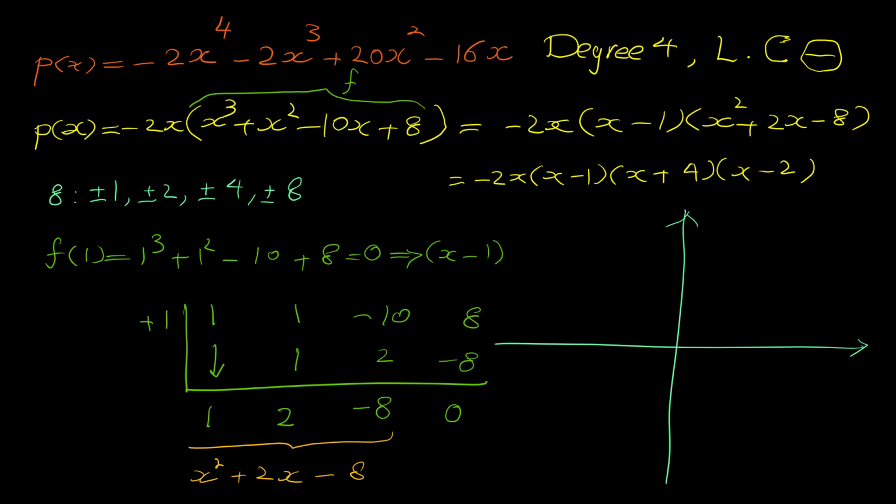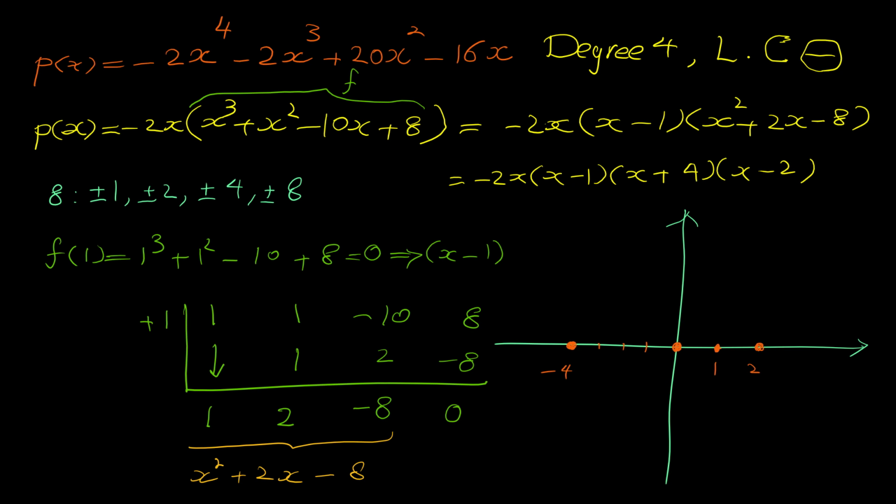Then we put the x-intercepts. The x-intercepts are 0, 1, 2, and negative 4. Negative 1, negative 2, negative 3, negative 4 somewhere here. Here is 1, here is 2, and here is negative 4.